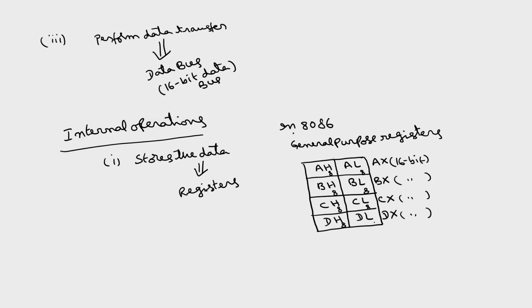Similarly, here and here. So, this 8 represents the size of this particular register. So, for 8 bit operations, we will use AH, AL, BH, BL, CH, CL, DH, DL, whereas for 16 bit operations, we will use AX, BX, CX, DX.